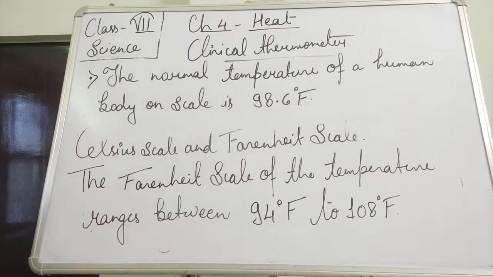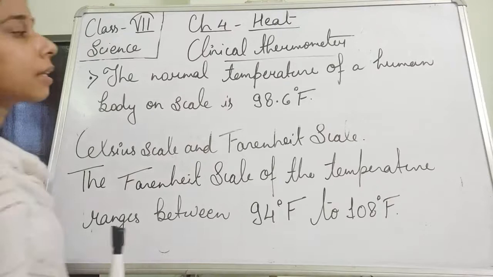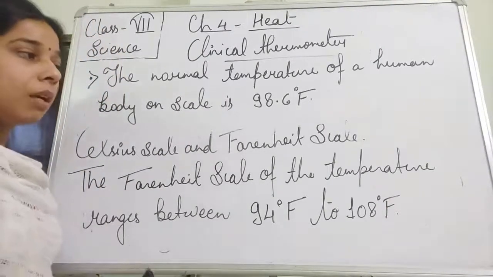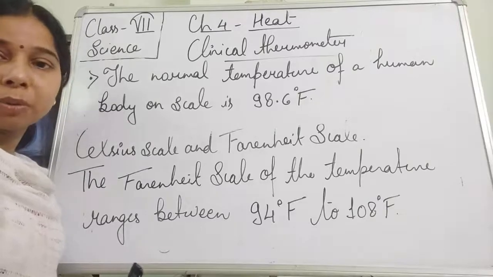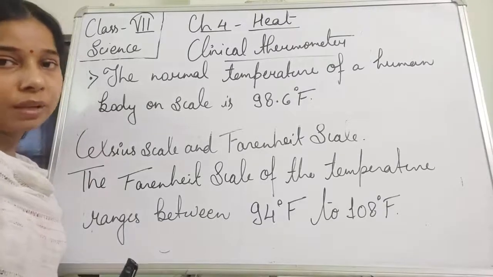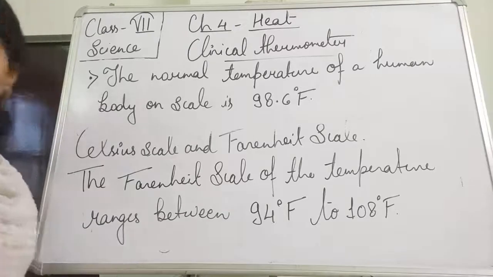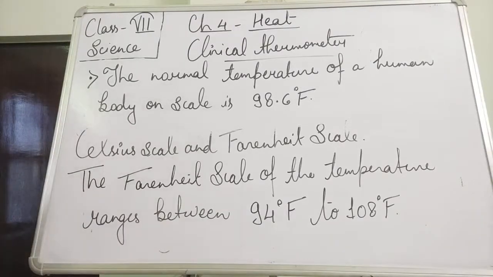Now, the Fahrenheit scale was used earlier, but India has adopted measuring the temperature of a human body in degrees Celsius. So these days it is the degree Celsius which is used to measure the temperature of a human body rather than the Fahrenheit scale.